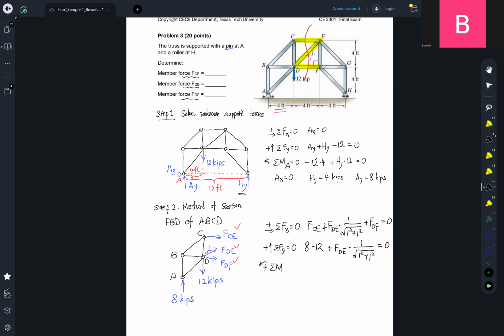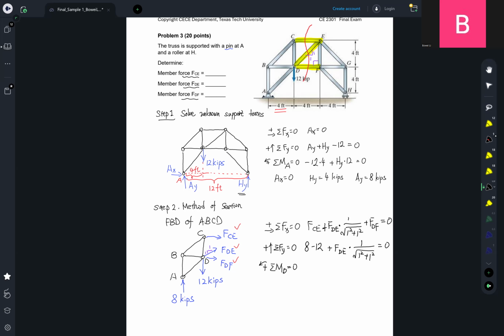That is D here, right? At D, we have the unknown forces FDE and FDF all crossing D. So by choosing that point, those will not contribute to the summation of moment about D, so they will not appear in the equation.